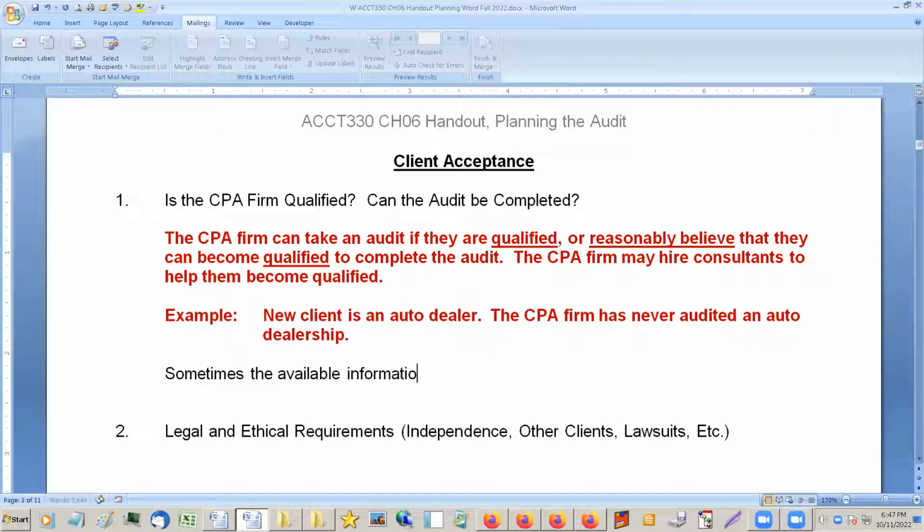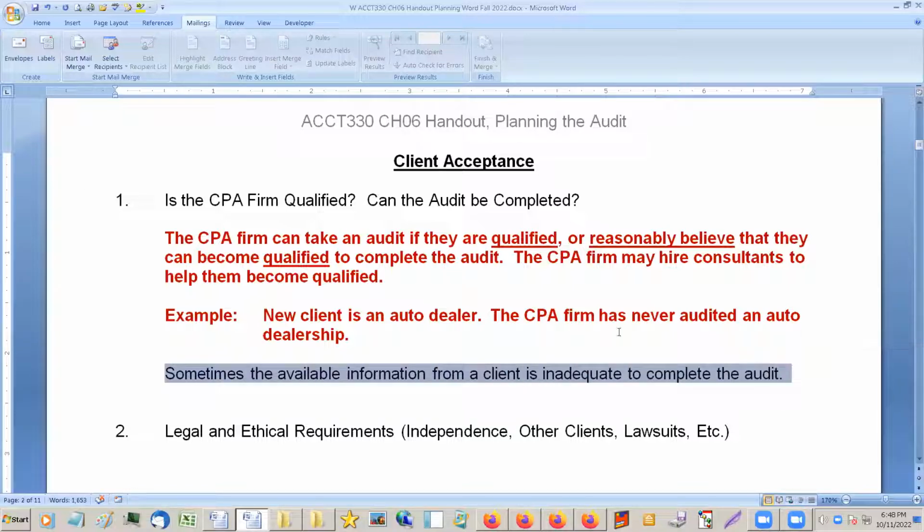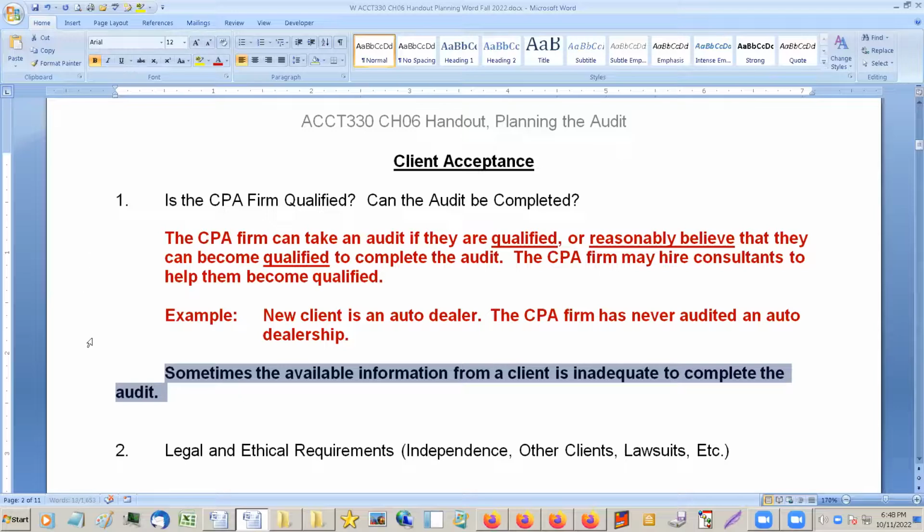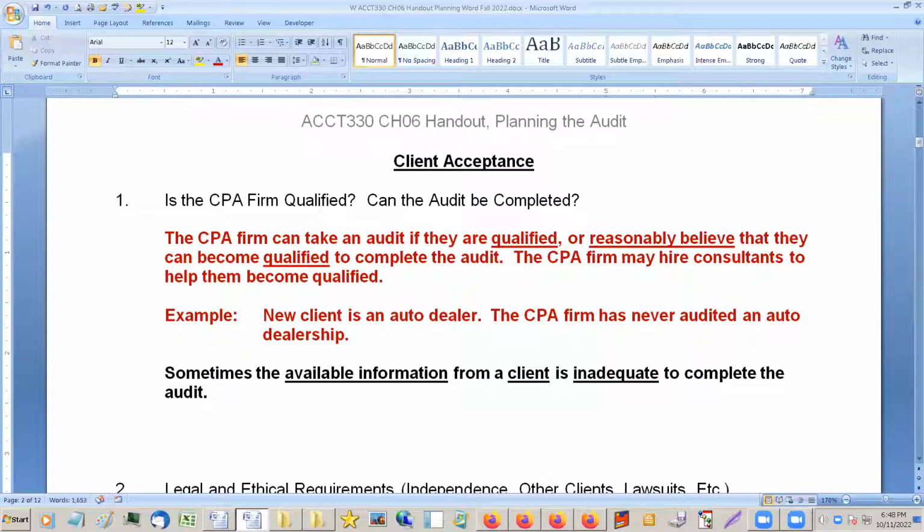Sometimes the available information that you can get from a client is inadequate to complete the audit. The example.